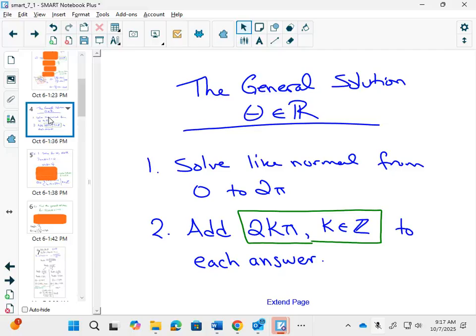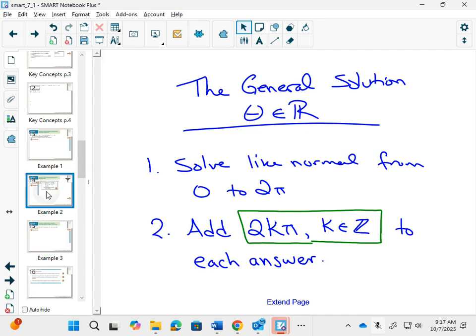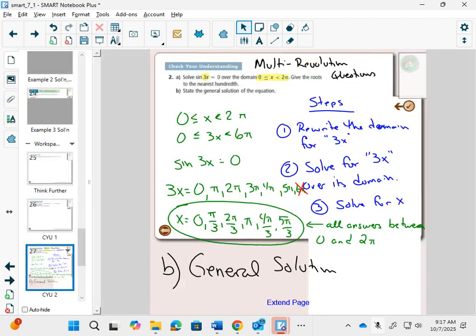If something asks you to find the general solution, you first solve like normal between 0 and 2 pi, and then write down all the coterminal angles to each of those answers by adding 2k pi to each one. Those were our instructions for general solution. Does it change with multi-revolution? No. We can do exactly what we were doing in our multi-revolution question.